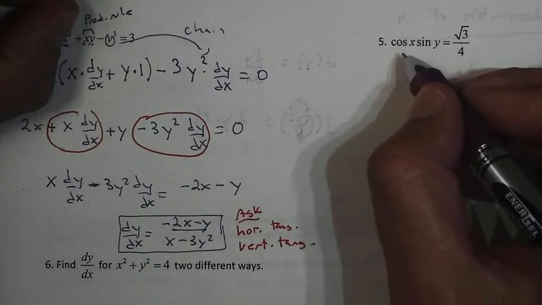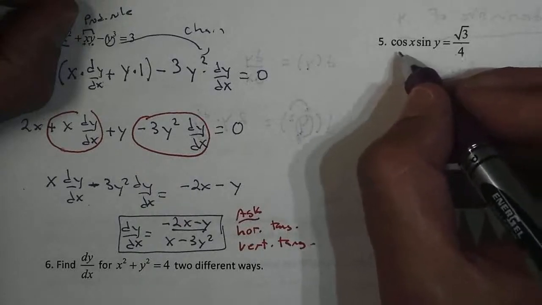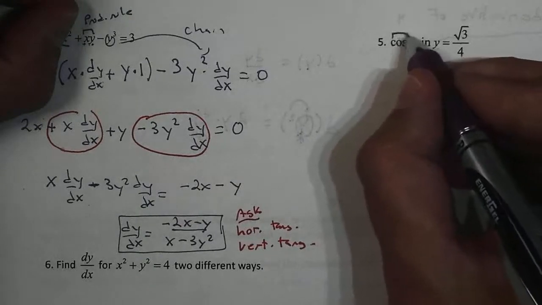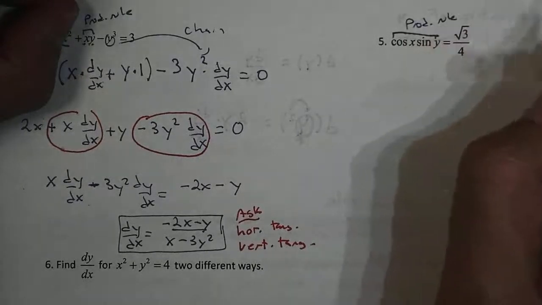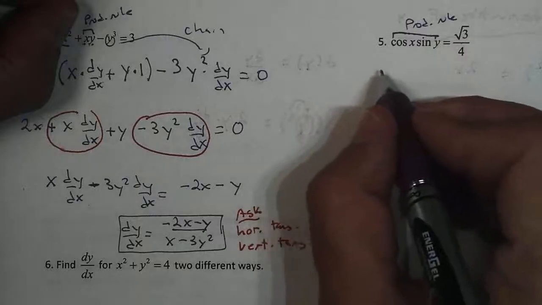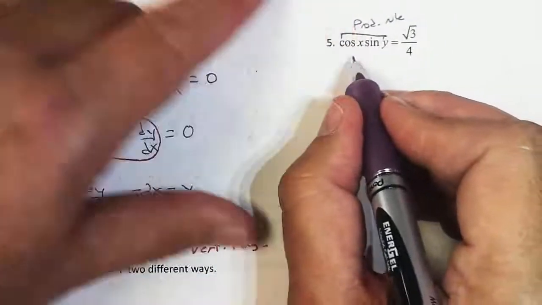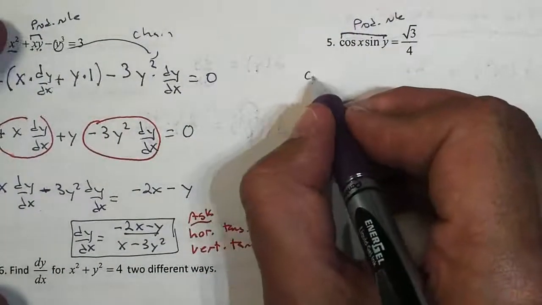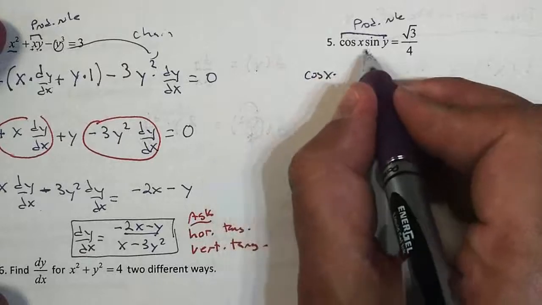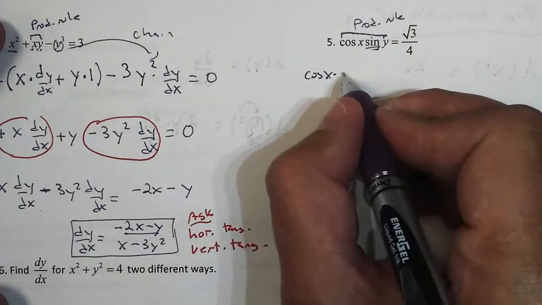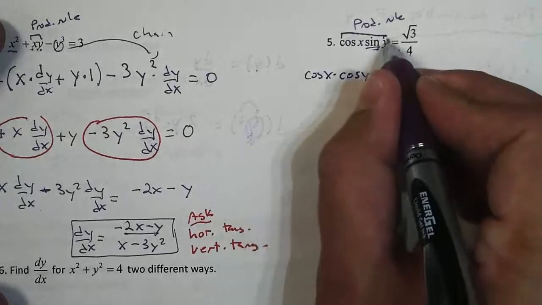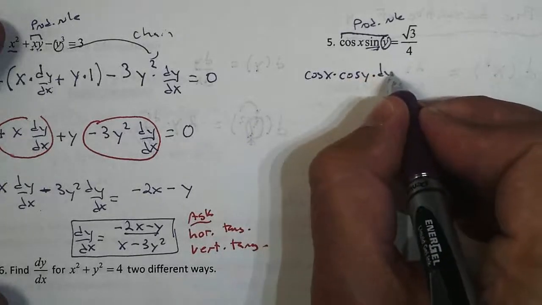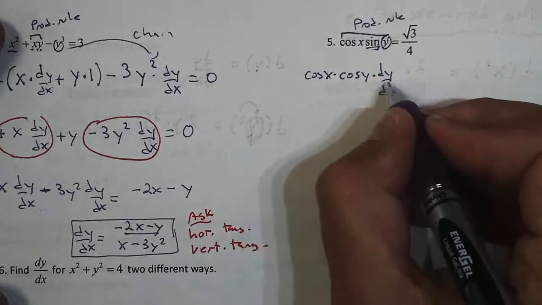We'll find out. So when we take the derivative here, we should recognize again we have a product rule. When we take the derivative, we're going to take the first function, which is our cosine of x, multiply that by the derivative of sine y, which becomes cosine y. But remember, it has that y, so I multiply that by dy dx.